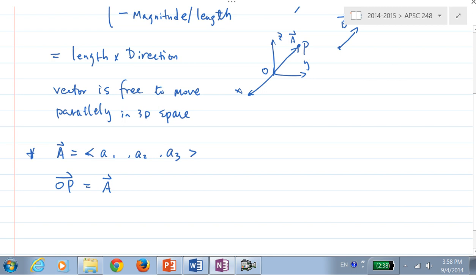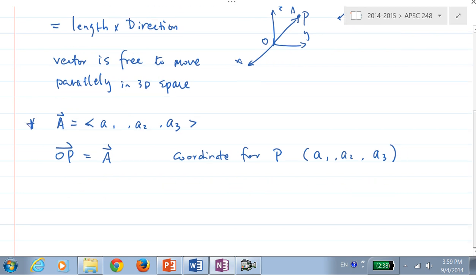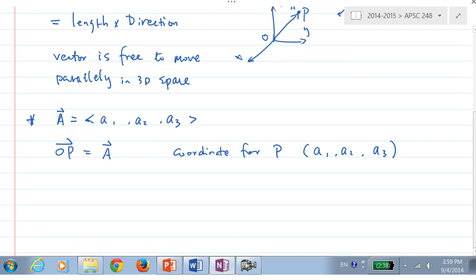Now, if it's a vector, we use this notation, but the point P is a point. So the coordinate for this point P is what? We use this symbol now. So it's this. You see that? Would that be okay?